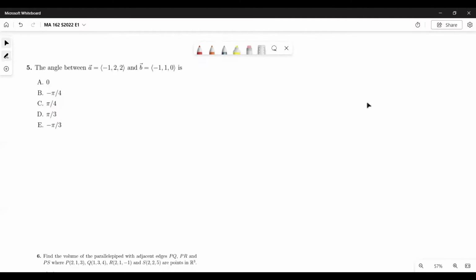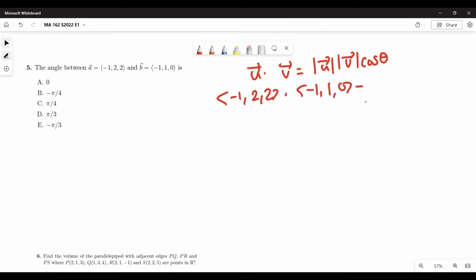So this question asks for the angle between vector A and vector B. If you see those kinds of questions, you can use U dot V equals U magnitude times V magnitude times cosine theta. So in this case, A is our U and B is our V: -1, 2, 2 and -1, 1, 0.